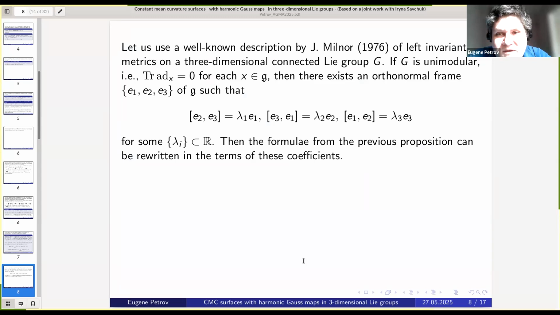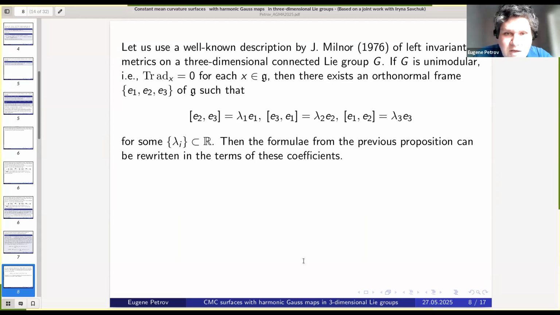So let us recall that if G is unimodular, which for connected groups is equivalent to the traces of its adjoint operators vanishing, then there is an orthonormal frame with the following Lie brackets for some set of coefficients.